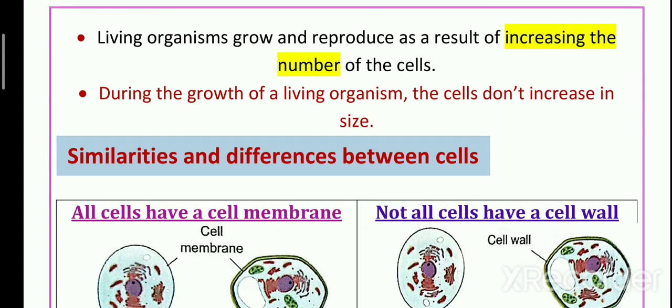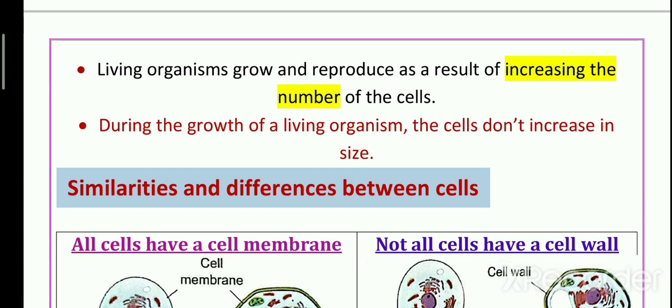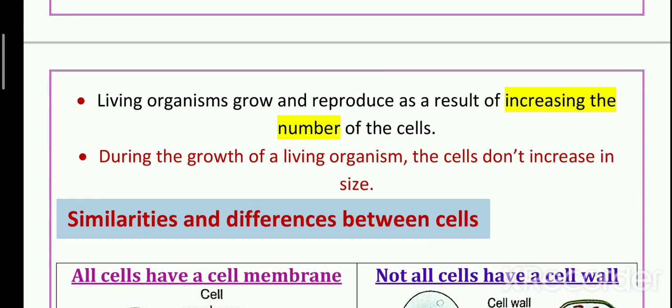When the number of cells in the body of living organisms increases, living organisms grow and reproduce. So living organisms grow and reproduce as a result of increasing the number of cells. When a living organism grows, the cells don't increase in size, but their number increases.